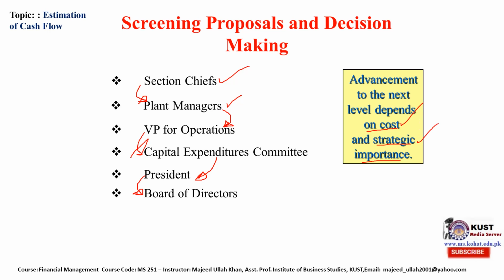If it involves a huge cost, but it is of strategic importance and crucial for the company, then the investment proposal will be moved further. But if an investment proposal has a huge cost and is not of much importance to the strategic direction of the company, it will not be accepted.